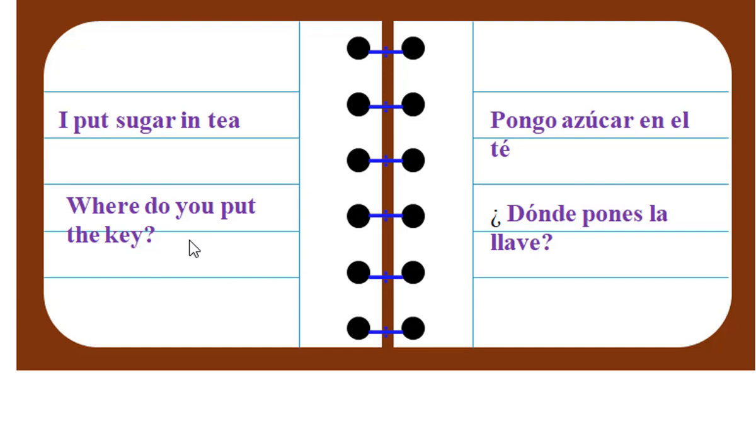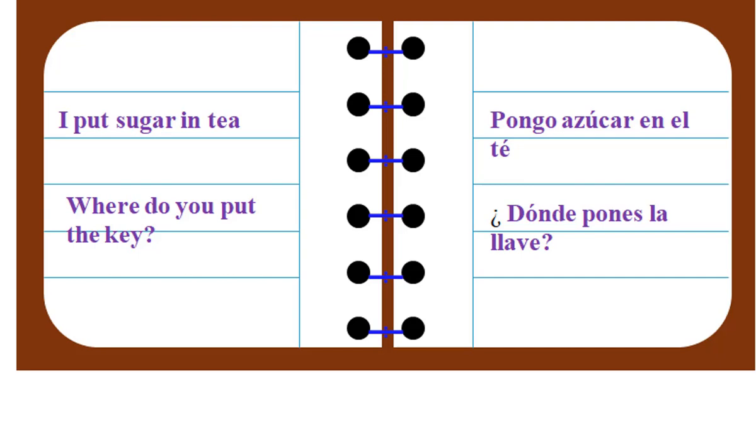Where do you put the key? Where is dónde. Very important term to actually ask a question. If you want to ask, where are you? ¿Dónde estás or dónde está? We'll discuss that in a few chapters from now, but right now we know ¿dónde is where.